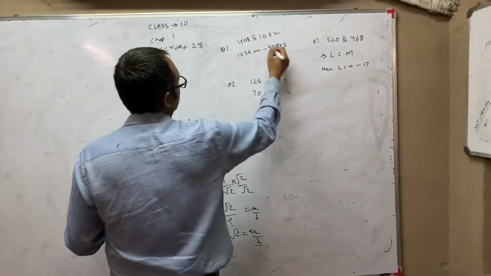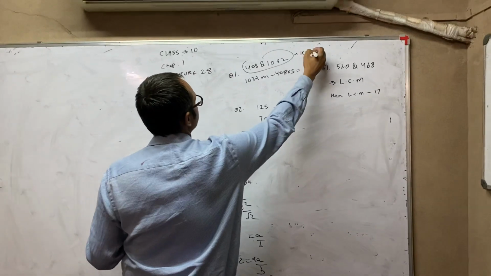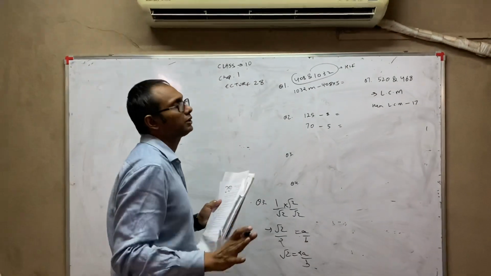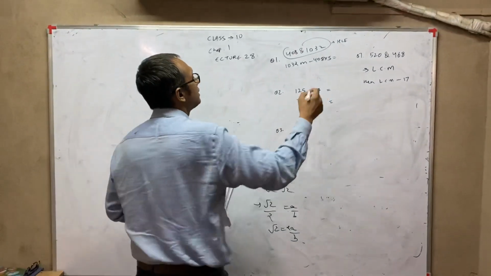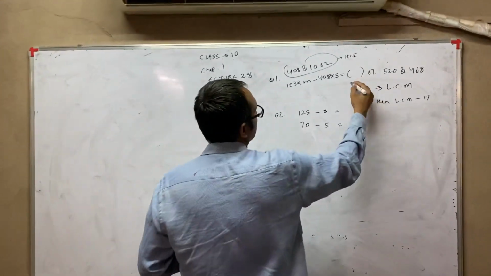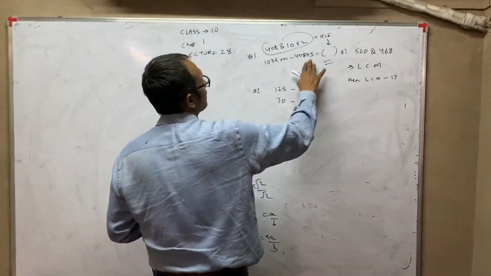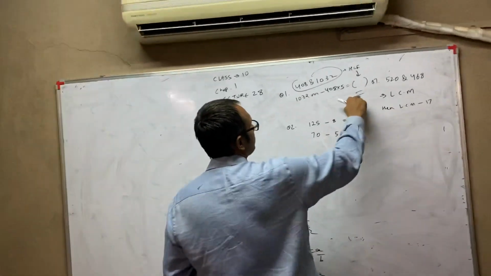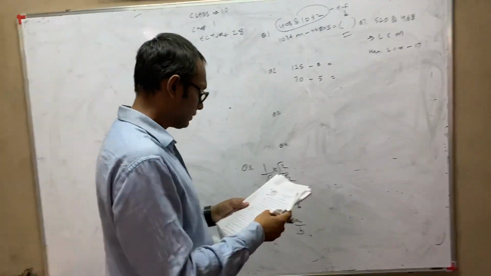Basically, whatever HCF you get of these two, you can get by any method you want, Euclid's or normal factorization. That term you write here, the HCF, and then just solve for m. I mean, minus 408 into 5 will go there, 1032 will go down, and you will get m. Okay, normal solving.